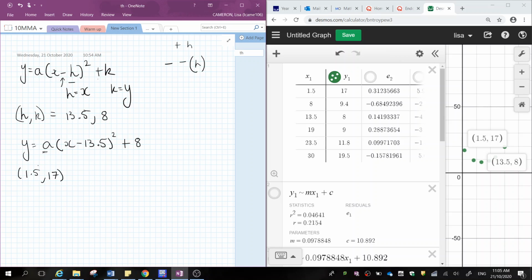So this is helping me solve for a: 17 equals a(1.5 minus 13.5)² plus 8. Now I'm going to do this on my calculator off the screen.